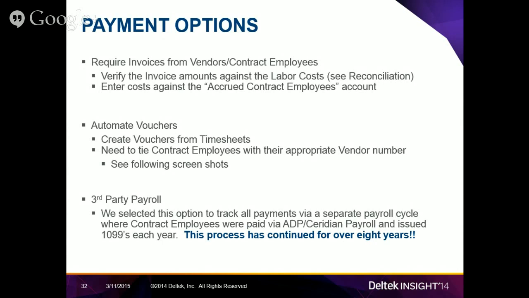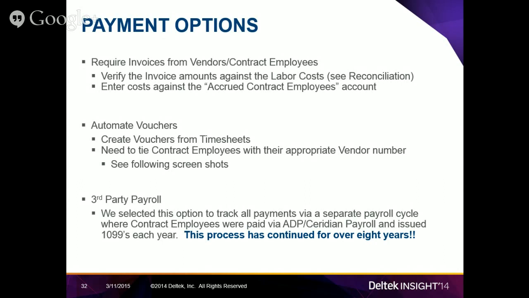So for instance, you would have your accounts payable operating, which would be your general one, and then you would set up a different group for the contract employees. Now, if you have people who are on different cycles, like on a weekly, or they get paid bi-weekly, you could also create that separate group. So when you set up the vendor, you're going to assign them to the proper cycle, the proper accounts payable group. So there is the contract employee with the appropriate vendor number.